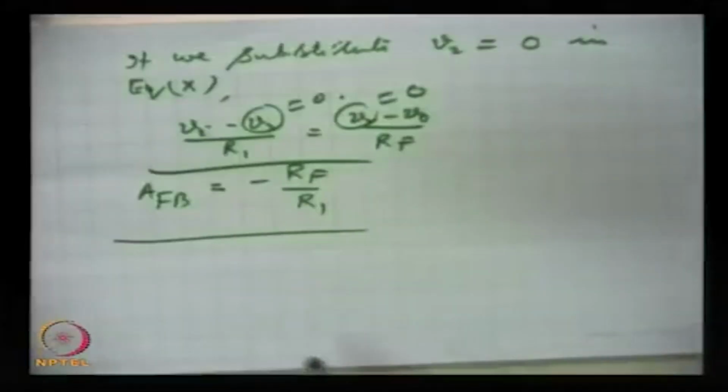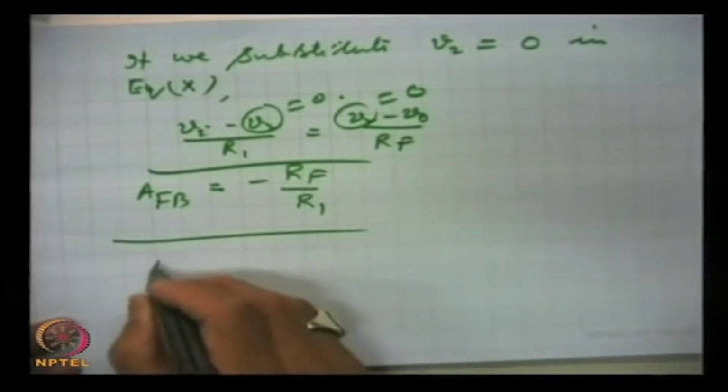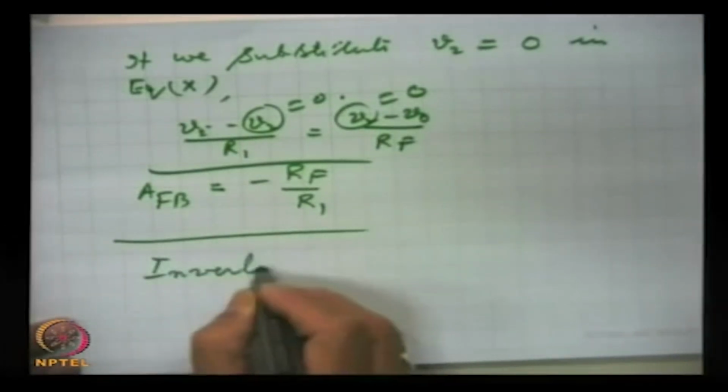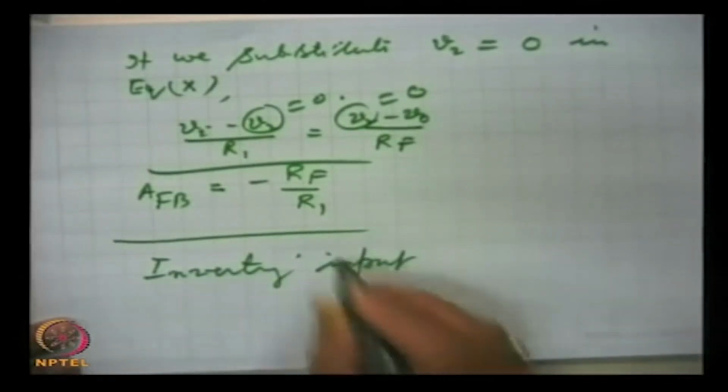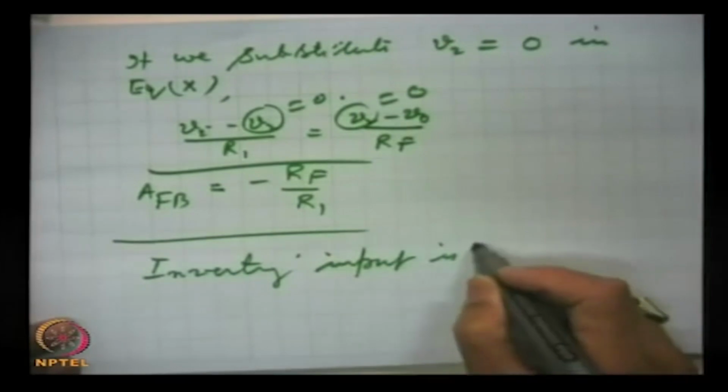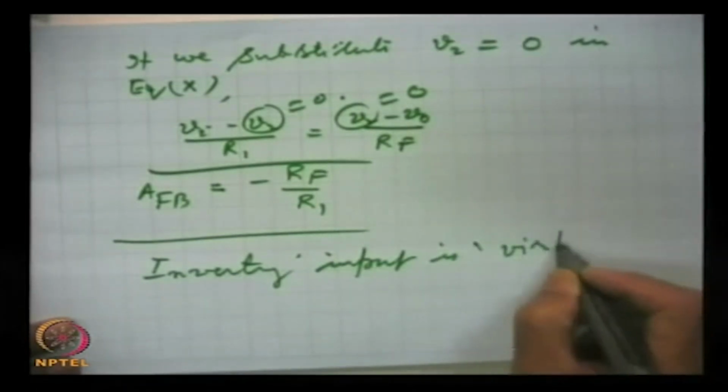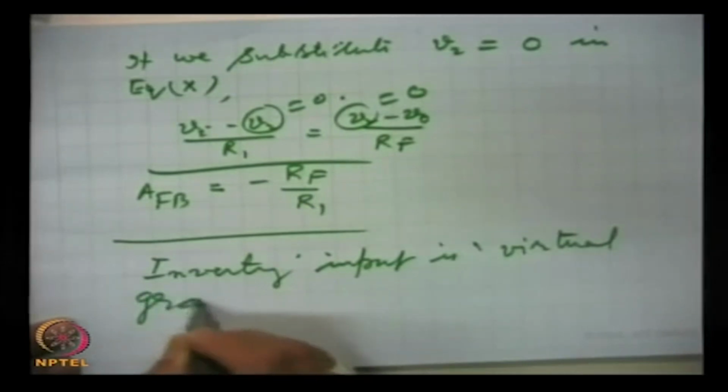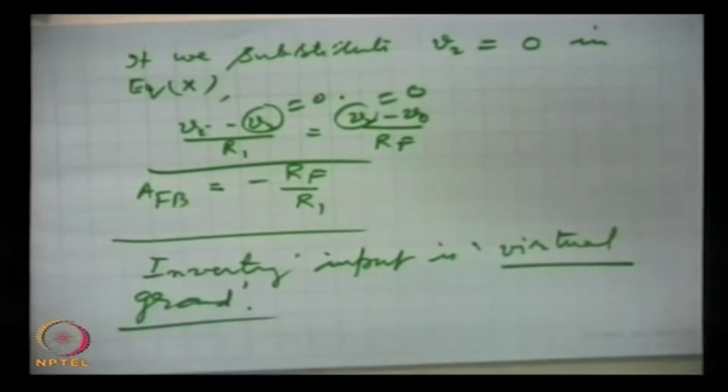What is V2 equal to 0? This is V2. V2 equal to 0 means that V2 is at the ground potential. It is called virtual ground. The inverting input, very important, inverting input is virtual ground.